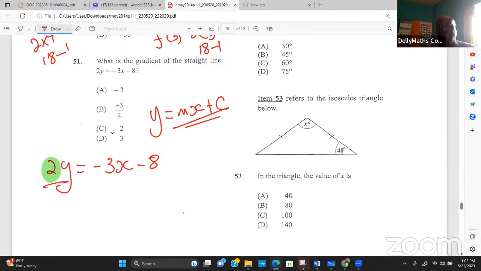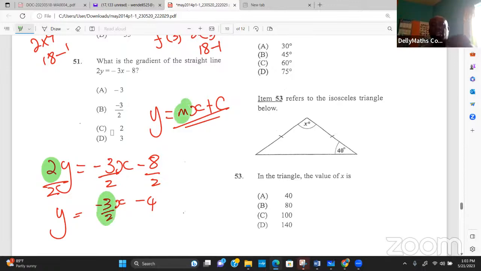So I'm going to divide both sides by 2. Rewrite this: y is equal to negative 3 over 2 x minus 4. And at this moment, my gradient is my m value. It is the coefficient of the x. It is negative 3 over 2. There you go, that's my gradient right there. So remember, do not try to name your gradient unless it is in the y equal to mx plus c form.